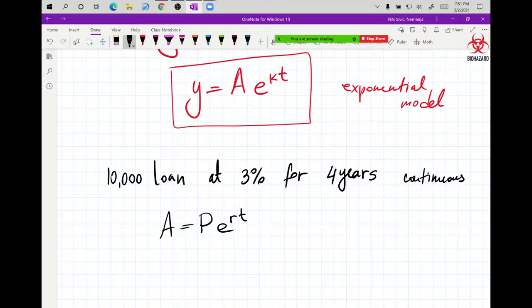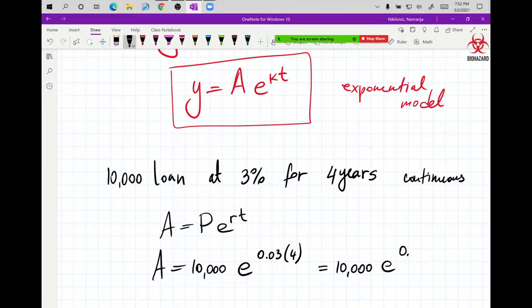But we have all of these numbers. We just need to plug them in. So you have your 10,000 e^(0.03 times 4 years), right? So you can plug this in your calculator. This is going to be 10,000 times e raised to the 0.12. If you have a TI-83 or 84, you put all of this in one shot in your calculator.